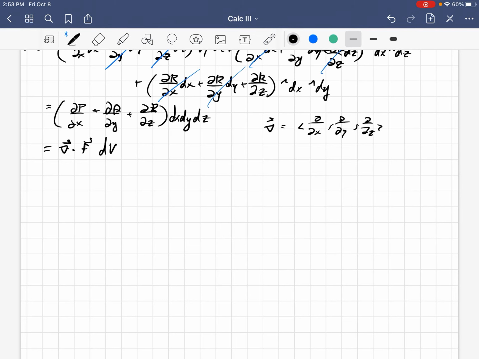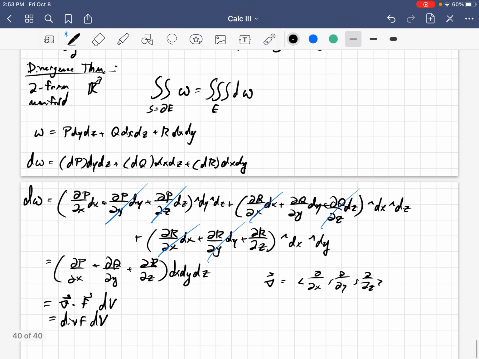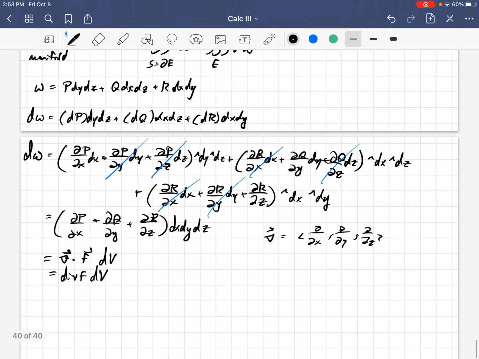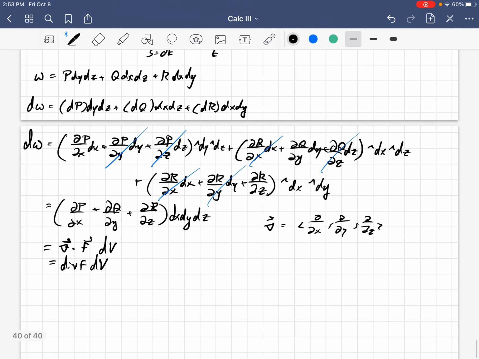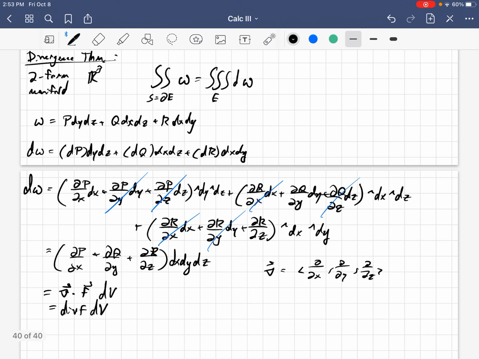It's just for convenience of notation. But what is the gradient dotted with the vector field F? That's just the divergence of F dV, which is exactly what we have on the right-hand side of the divergence theorem, right? Now, on the left-hand side, we have an F dot dS.